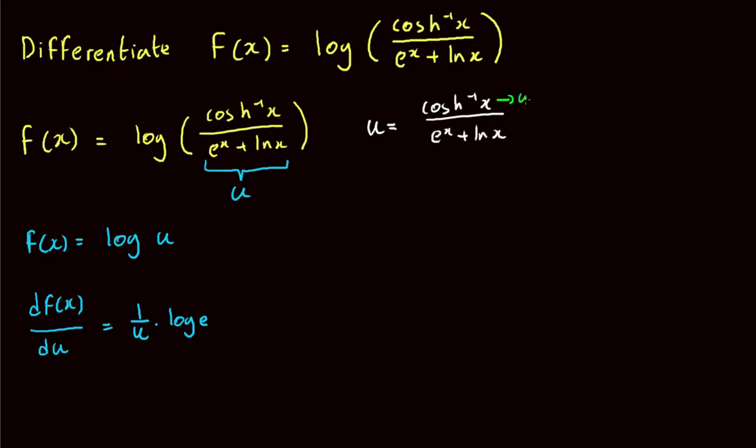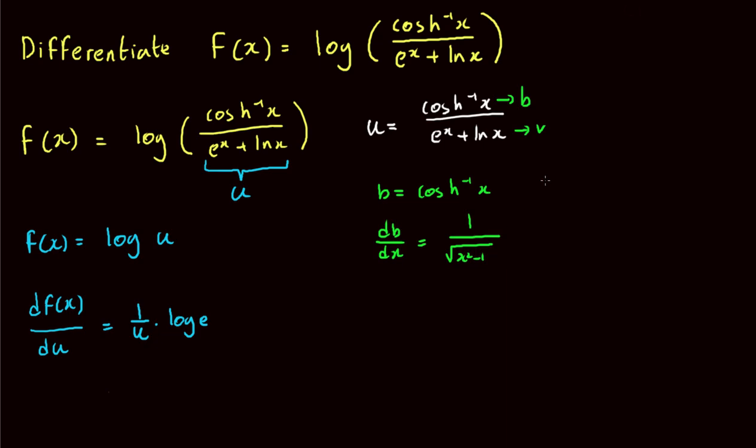So this will be my u, this will be my v. Actually not u, let's not use u, it'll be really confusing. Let's use a different letter, let's use b. So b is cosine hyperbolic inverse x, then db dx would be 1 over square root x squared minus 1.